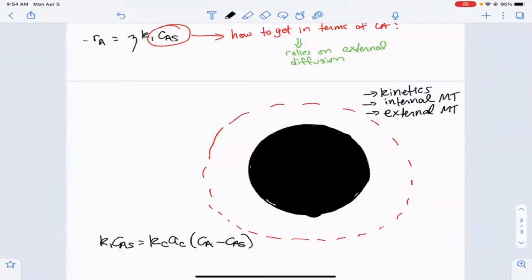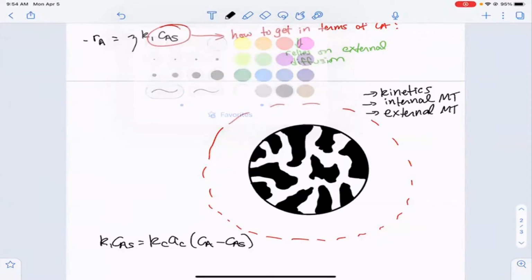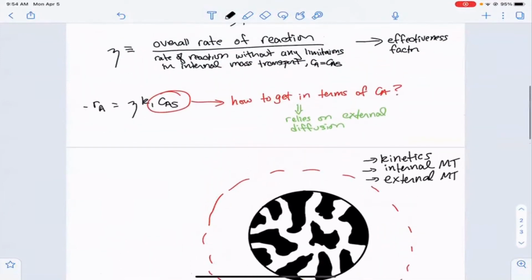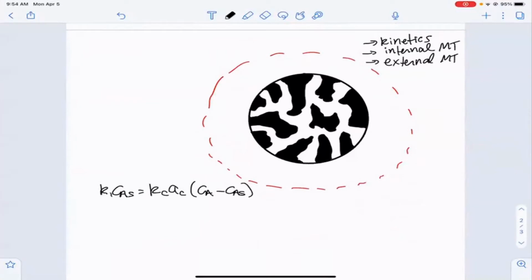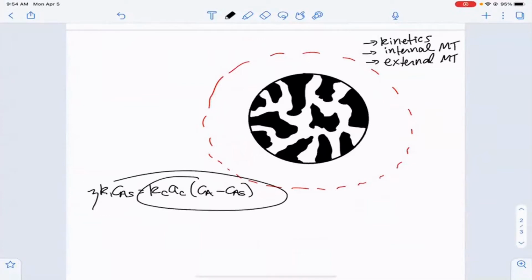Okay. But now that we are considering that porosity, we have a way to understand what the rate of the reaction is, especially taking into account that most of the surface area is actually inside the particle. So all we have to do to this expression that we already derived is modify it, where the rate of reaction, which is now our effectiveness factor times K1 times CA at the surface, is equal to the rate of the diffusion of the reactant towards the particle.